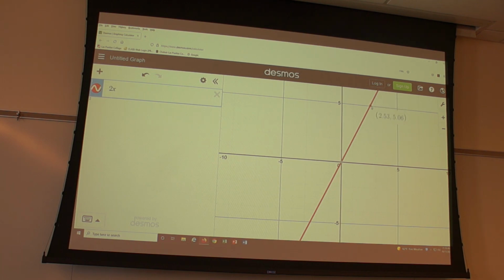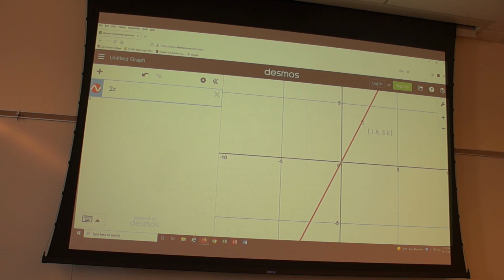So here, x is 2.42, y is double that, 4.84. Everyone see that? Every single one of these points on this line makes this equation y equals 2x true.